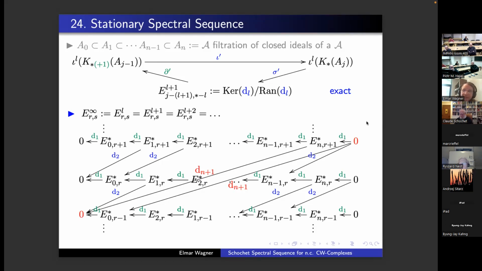The 0 hits 1. All these elements are hit from a 0, and all these elements that go out go n plus 1 to the left and down to 0. There, the homology is stationary, so from n plus 1 all these pages are just the same. That's our easy, nice situation, because it converges after n plus 1 steps to the infinity page.